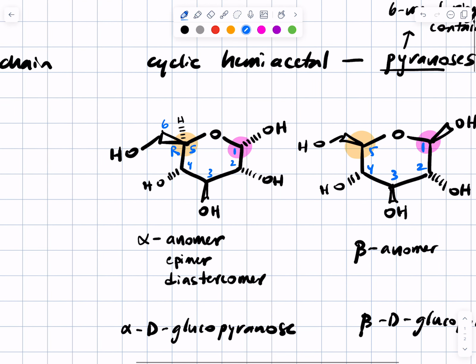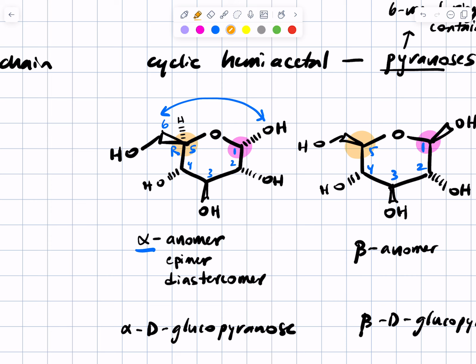Now, how do you determine whether something's an alpha anomer or a beta anomer? Something is alpha when the group coming off of C5 is on the opposite side of the ring as the group coming off at C1.